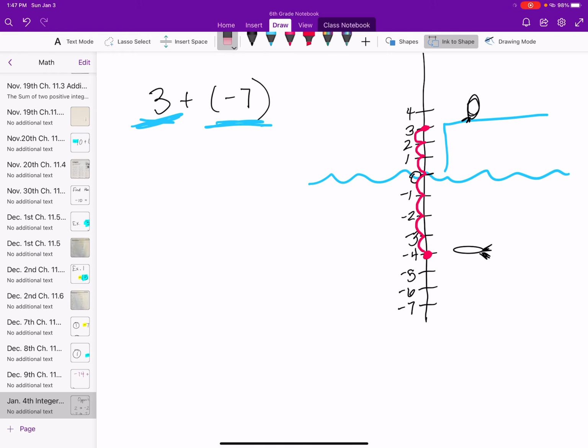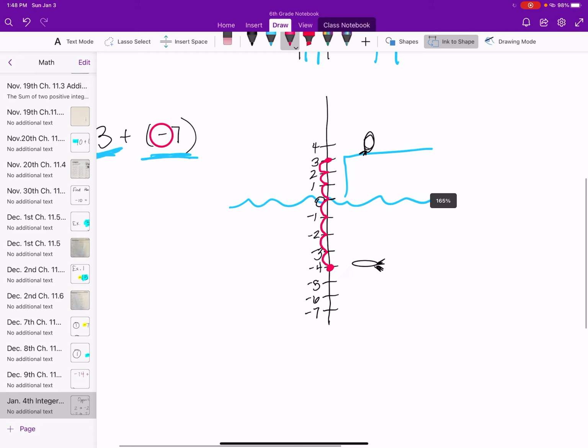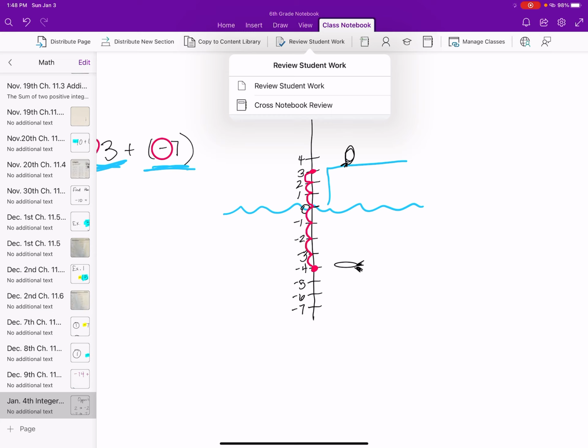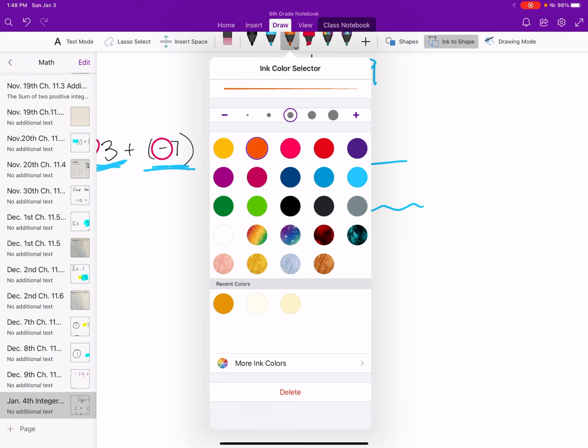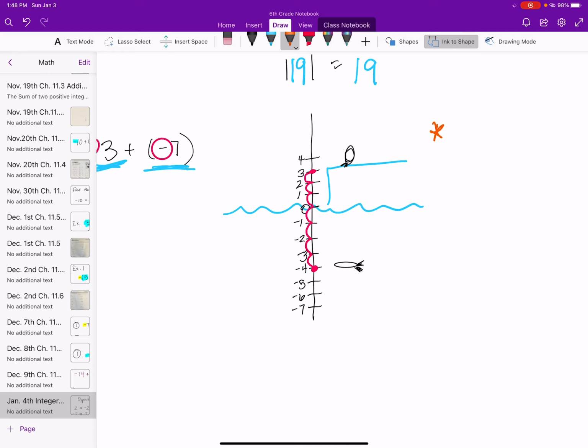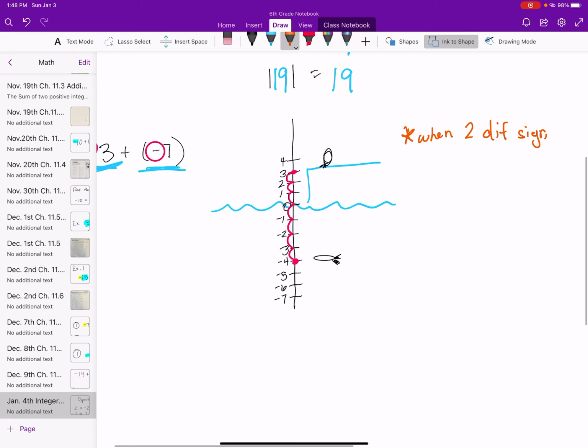If you remember also, we have our little trick that we used to say. If you look at these two numbers, they have opposite signs. One of them has a positive, one of them has a negative. So that means that we are going to subtract those two numbers. When they have different signs, we subtract. Let me make that little note out here. When two different signs, you subtract.